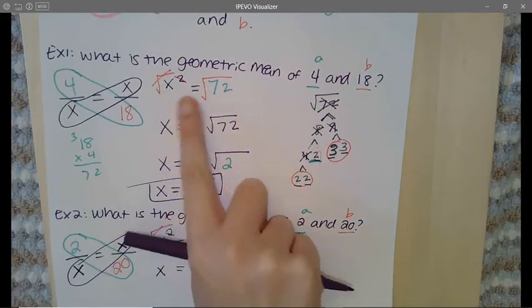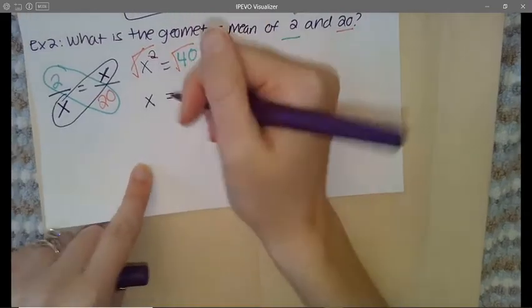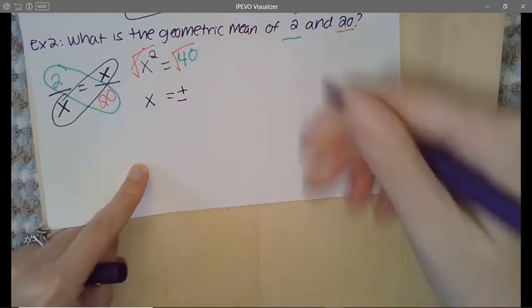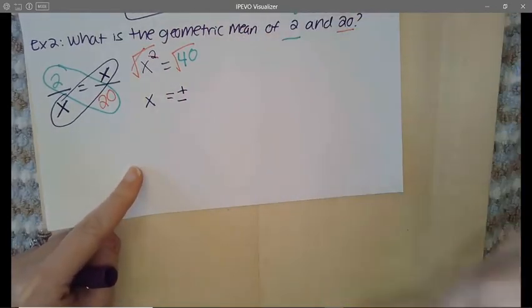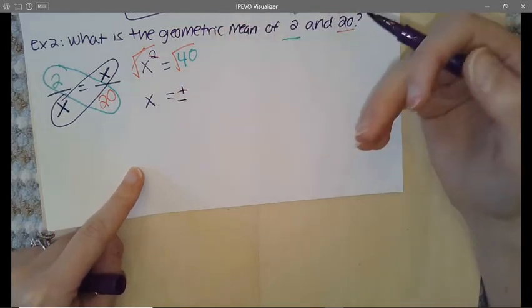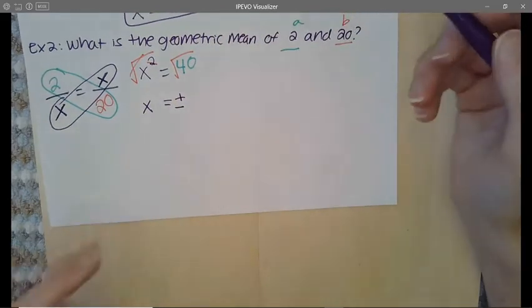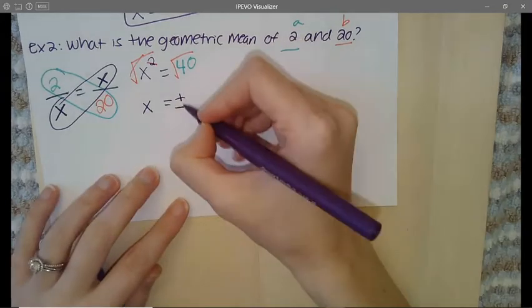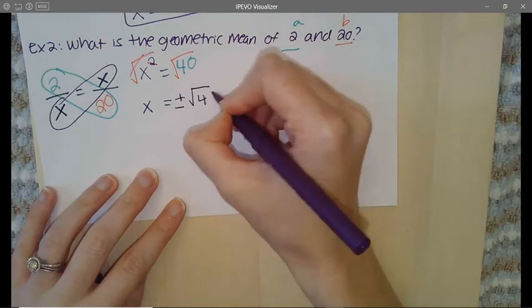Technically, a plus or minus will appear, but in geometry, having a negative average does not make sense. So in my final answer, I'm not going to include the negative. So we have plus or minus the square root of 40.